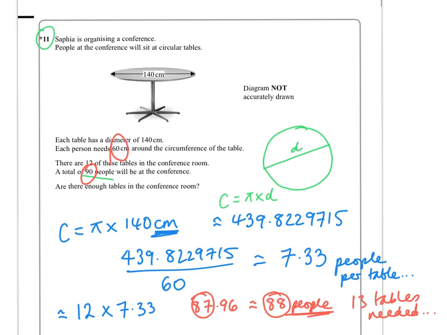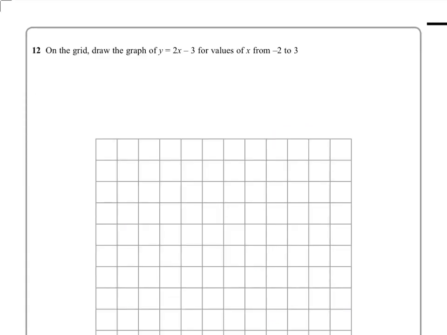I'm sure there's other ways of doing that question, but they'll all revolve around C is pi d and fitting 60s around the circumference each time. So no more to be said about that question, apart from making sure you've written the word no. Not enough.